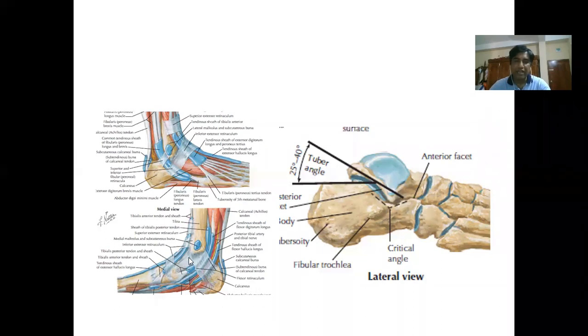Here there is the deltoid ligament, in different layers. So very little of the talus is exposed for putting wires, but the talar neck and some part of the body of the talus are exposed, where you can give the talar wire very safely through this region. So I am comparing both the osteology and the soft tissue side by side.